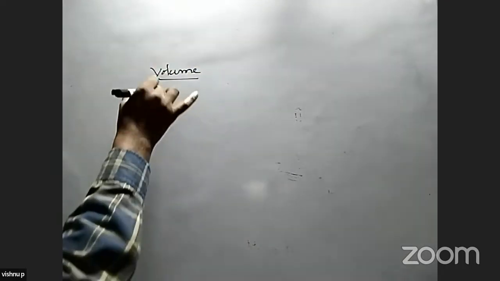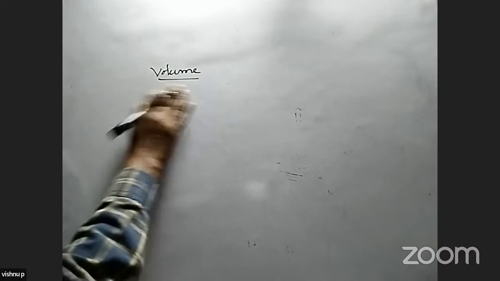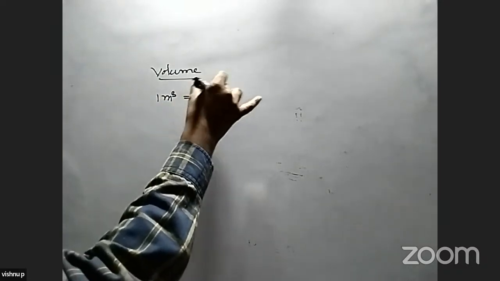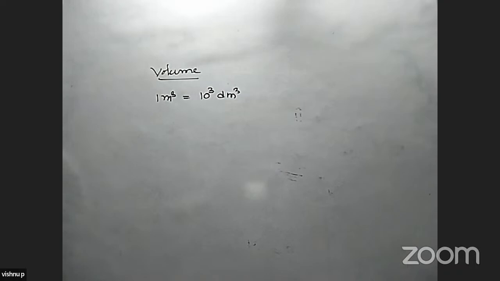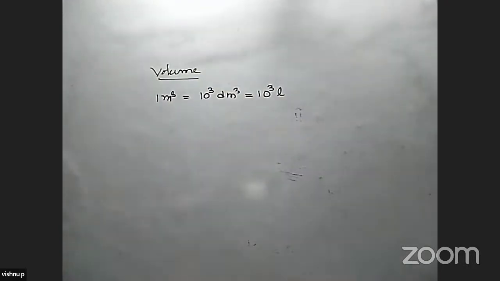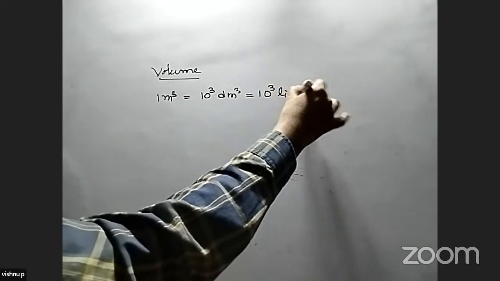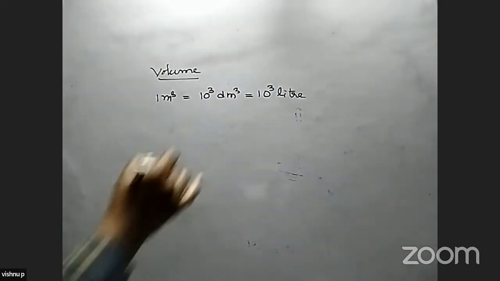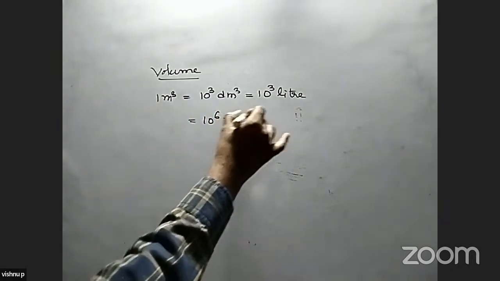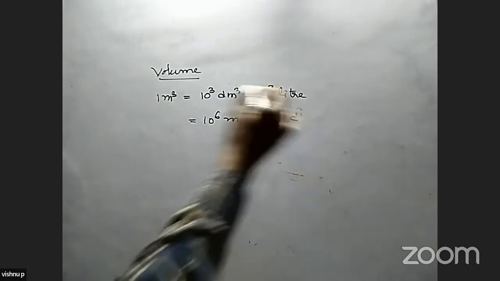Volume units: 1 cubic meter is equal to 10^3 decimeter cube, or 10^3 liters. 1 decimeter cube is equal to 1 liter, and 10^3 liters is equal to 10^6 milliliters, which is equal to 10^6 cubic centimeters.